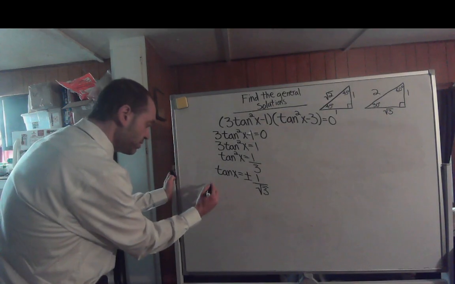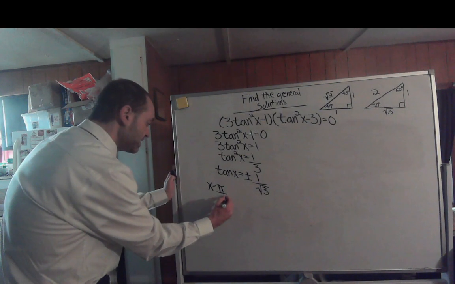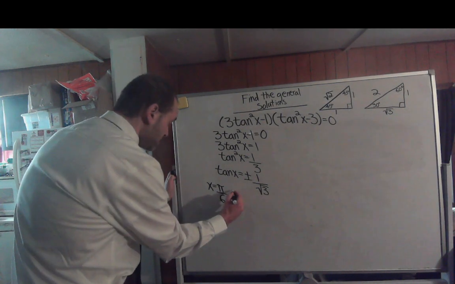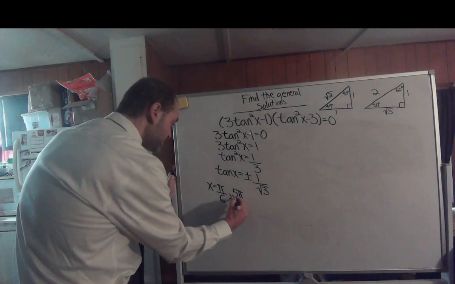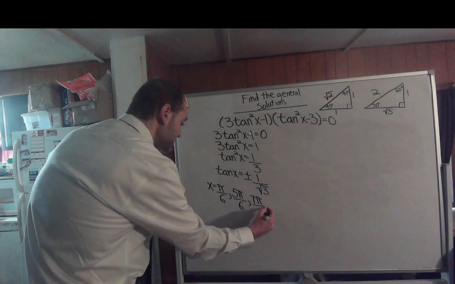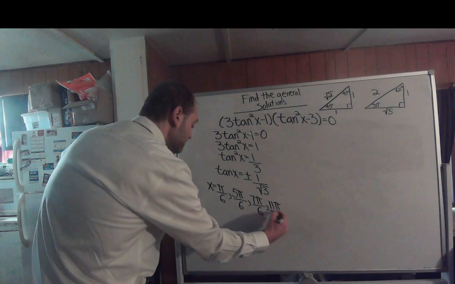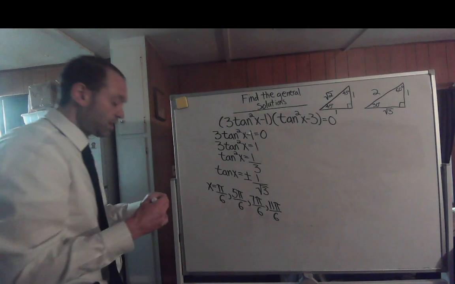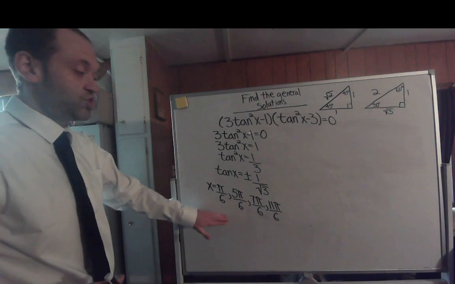And we're considering both roots, so x would equal pi over 6. Then every quadrant, that would be 5 pi over 6, 7 pi over 6, and then again at 11 pi over 6. All right. And these are all going to be on a checklist.